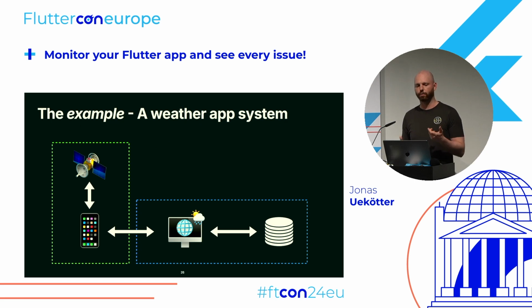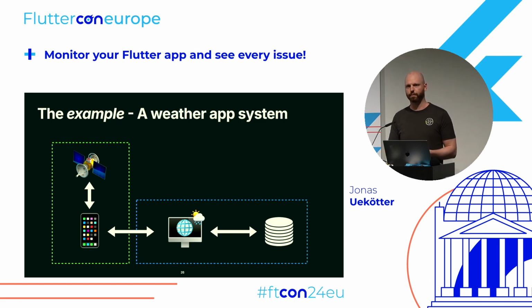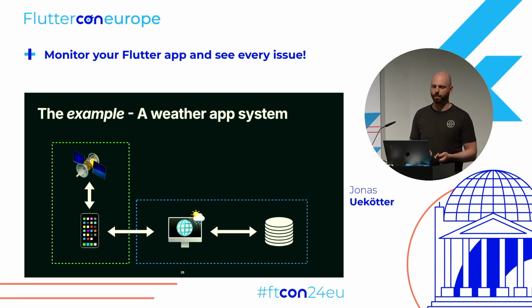So it's basically two parts of a distributed system. This is also why it's called distributed tracing. And now somewhere in this system, there's something that makes it go slow. But it still works, so we don't get any stack trace or any other hint that might lead us to a solution where we should start looking.